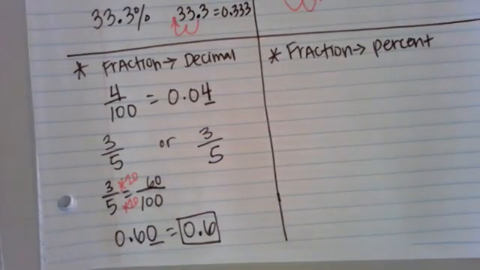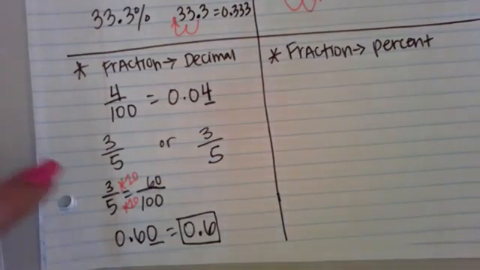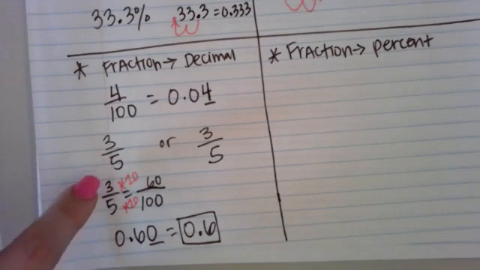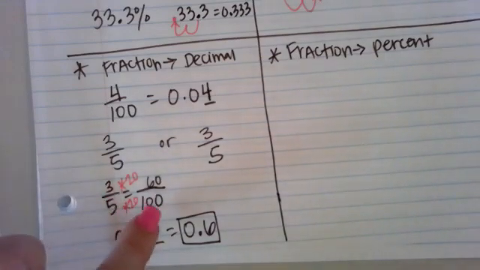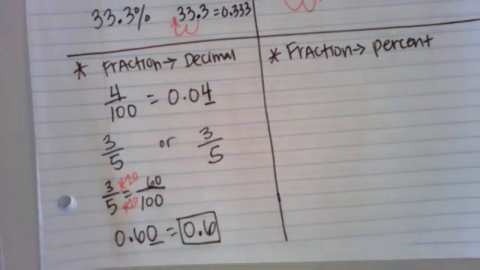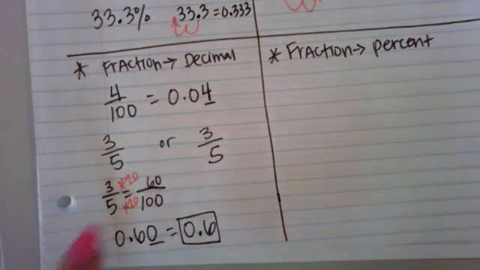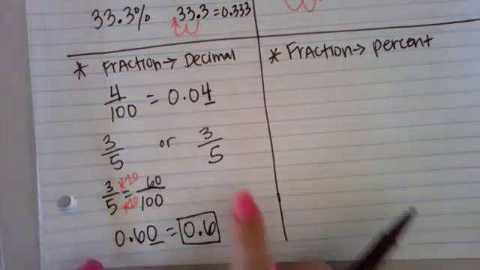Okay, so to put a fraction into a decimal, if you can use the denominator to rewrite a new fraction, an equivalent fraction over 100, I would do that. I did not have to do any long division. I just had to think of some multiplication facts, okay? However, if it's a situation where the denominator is not a factor of 100, you will have to divide, okay?